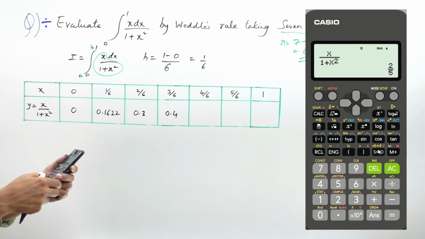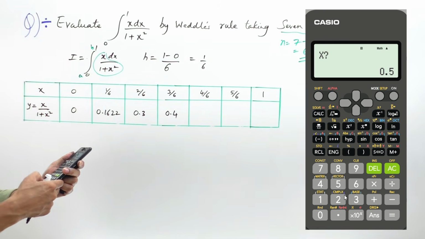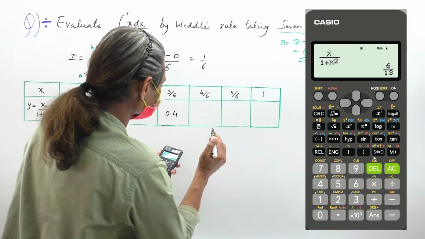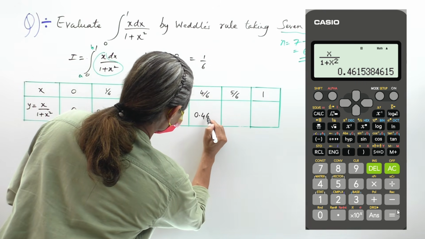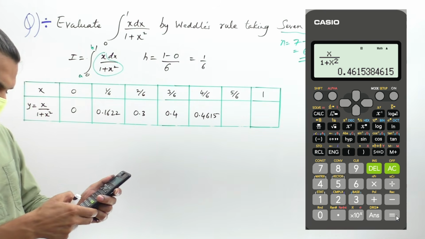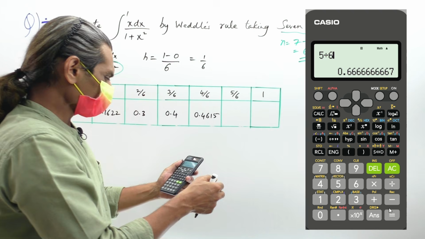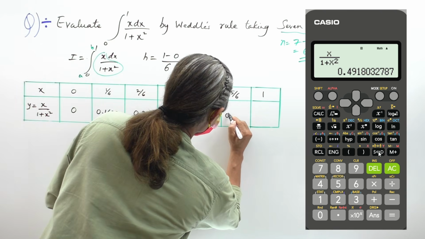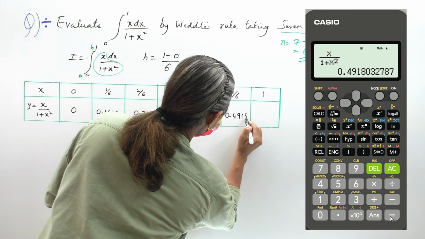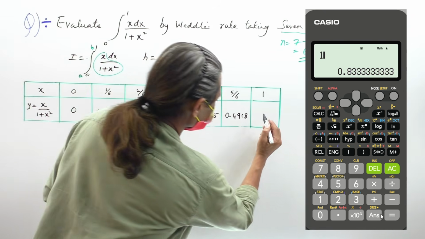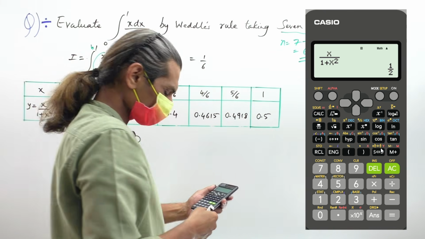Again, 4 divided by 6, that's 6/13, that is 0.4615. Then 5 divided by 6 equals 30/61, that is 0.4918. And lastly, 1 equals 1/2, that's 0.5. So we have the table here.